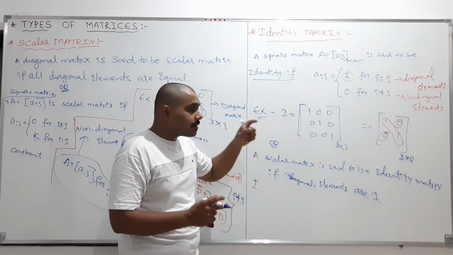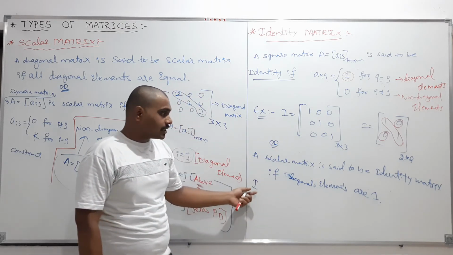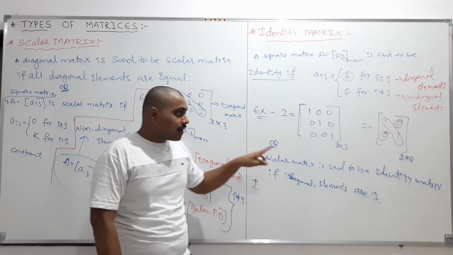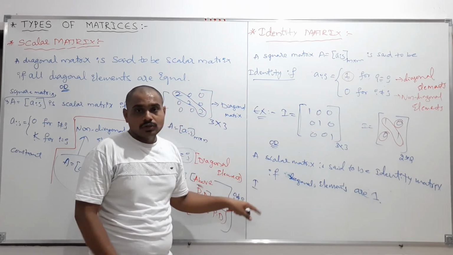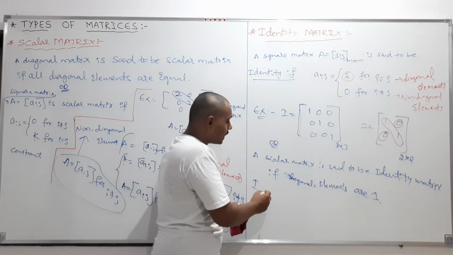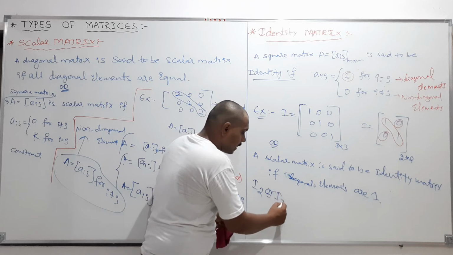It means that if I am discussing problems of the order 3 cross 3, then the identity matrix I should be considered as 3 cross 3. If I am discussing problems of the order 2 cross 2, then I should take the order as 2 cross 2. You can also write it as I2, writing the order, or you can write I subscript 3.